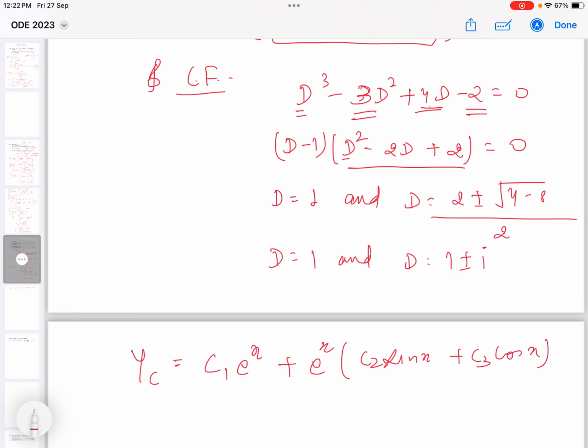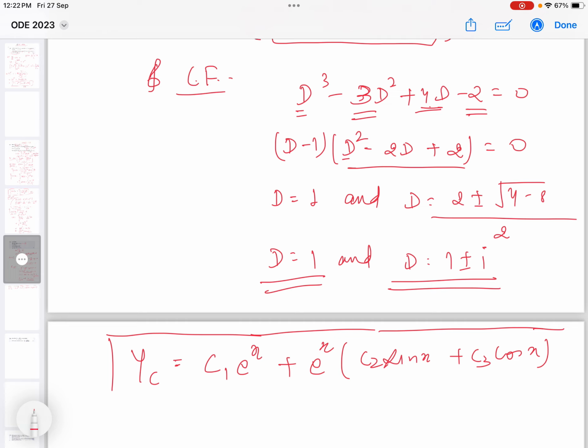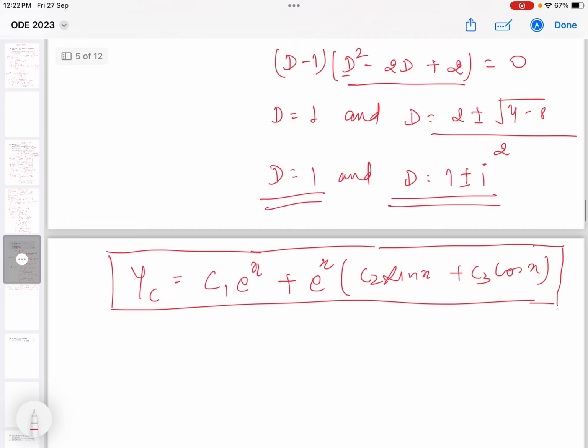If we do not understand how we wrote this, you need to go to the theory part and try to comprehend from there, like if the roots are imaginary and real, we have standard definitions that come in theory. You can refer to any standard book and see how we come to this part. So this is the complementary function.